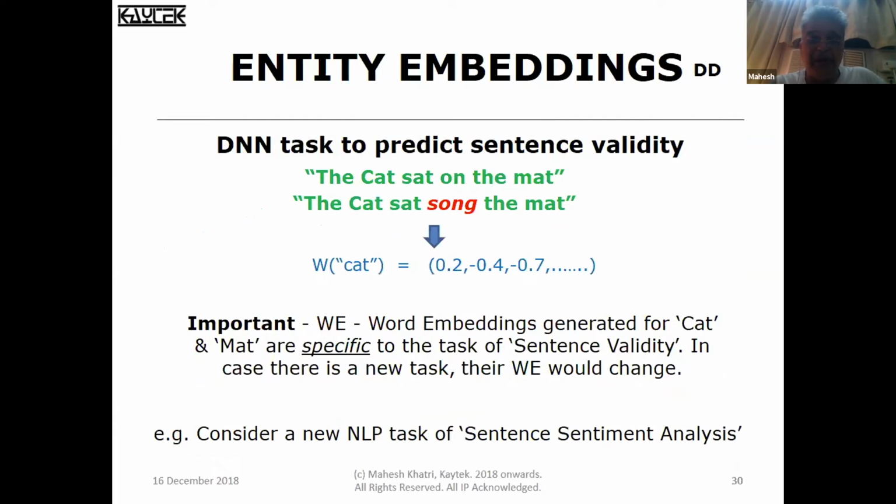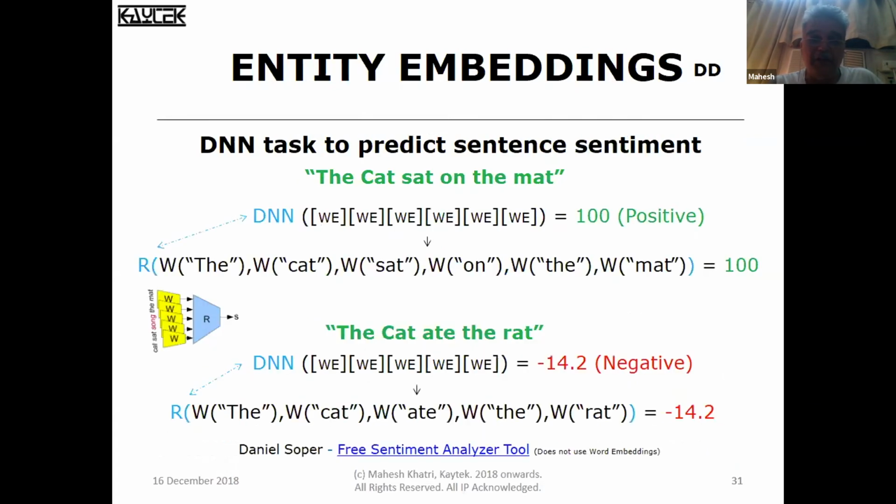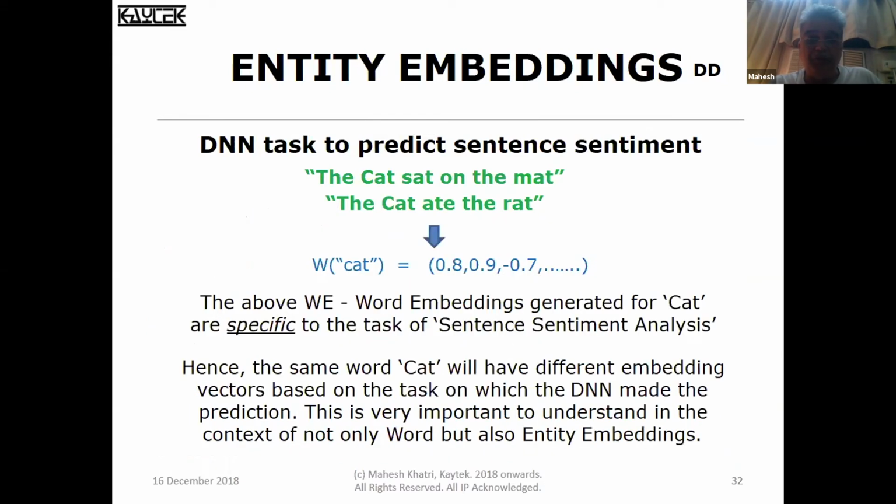Now it's important that these embeddings which have been calculated are only for the task of sentence validity. If I have another task, let's say sentiment analysis, you would have different calculations of the embeddings. So it's important to get the concept that different tasks will lead to different embedding values for the same entity.